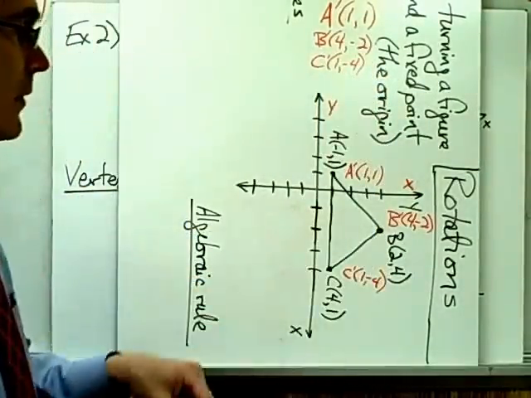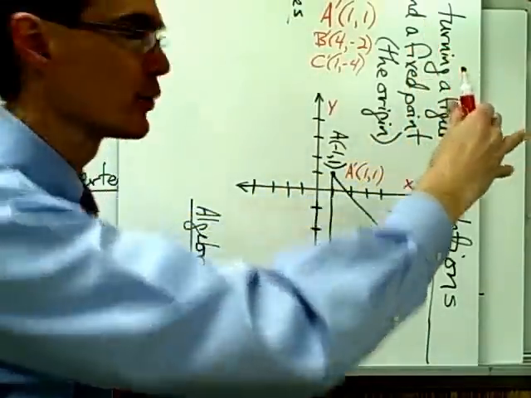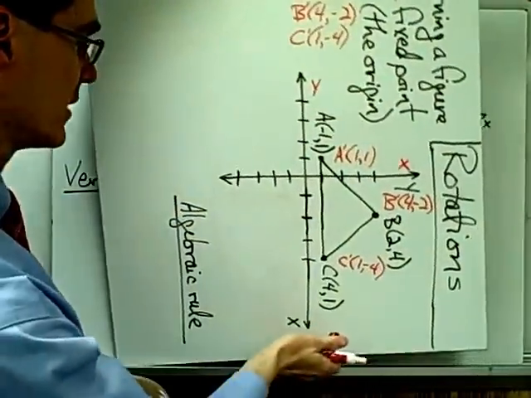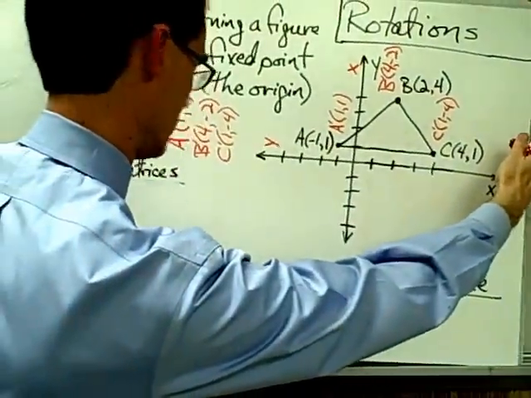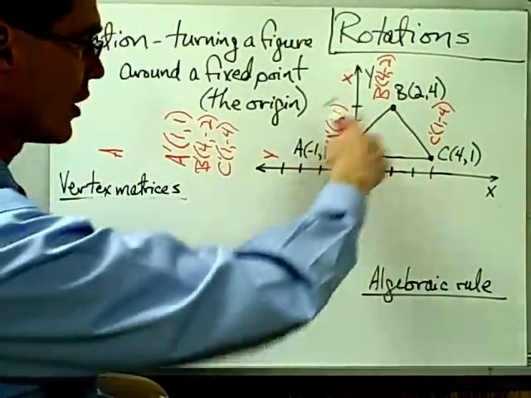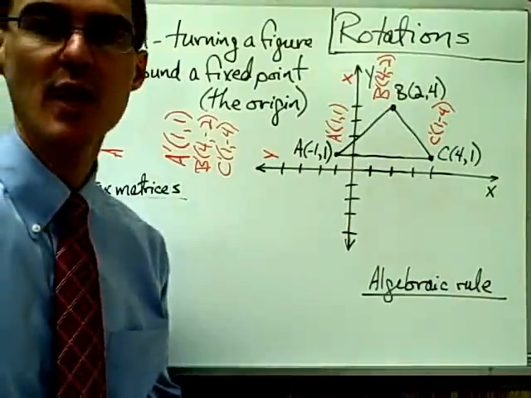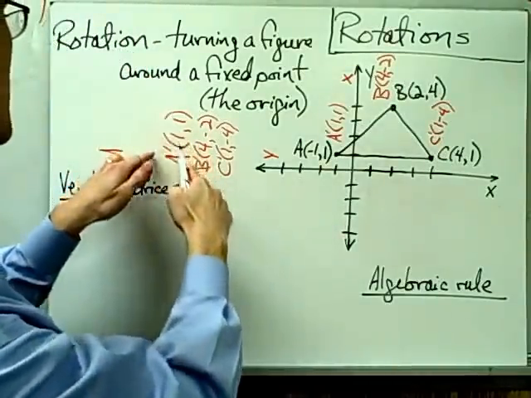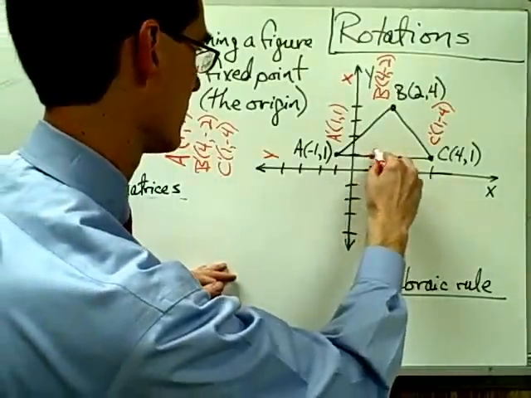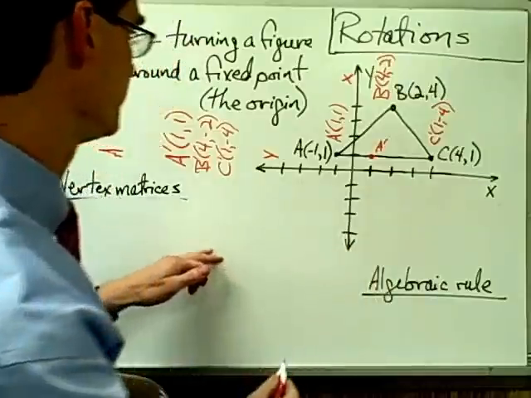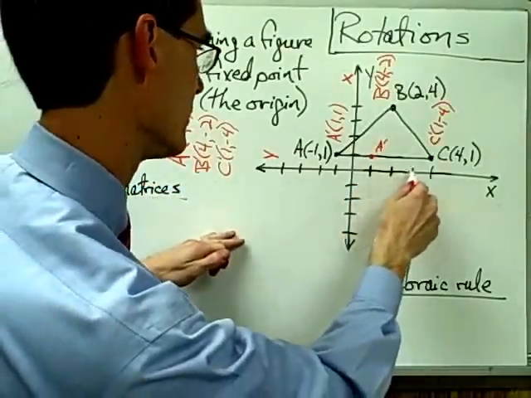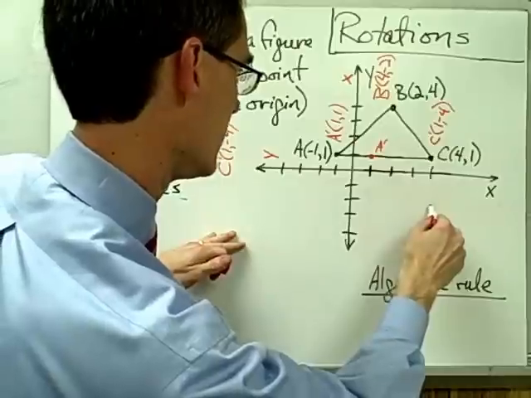All right. Now I want to turn back to my original orientation and draw in my rotated figure. Let me draw in my new A prime, B prime, C prime triangle. A prime is at 1, 1, so that's right here. B prime is at 4, negative 2, so 1, 2, 3, 4, negative 2.